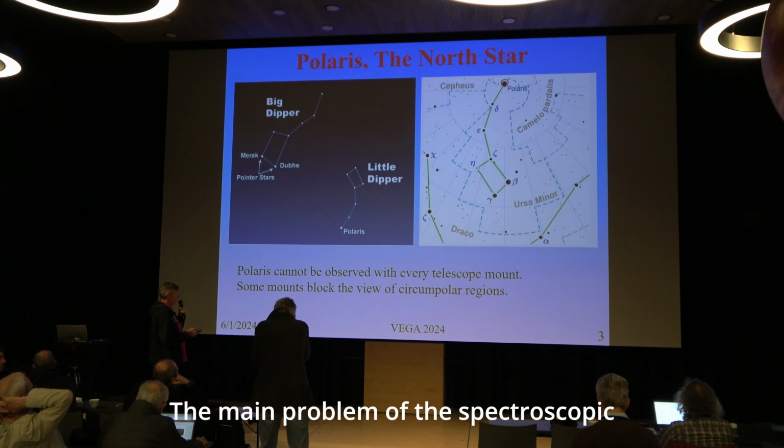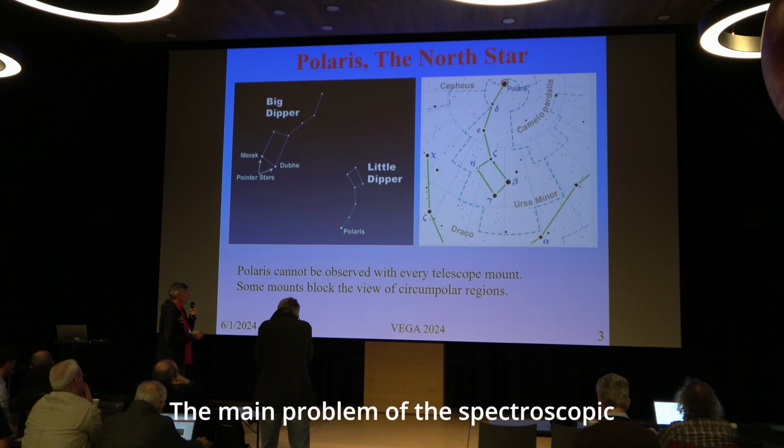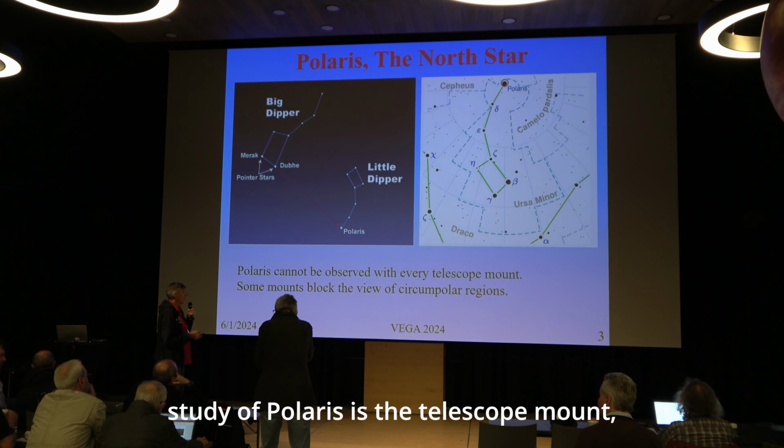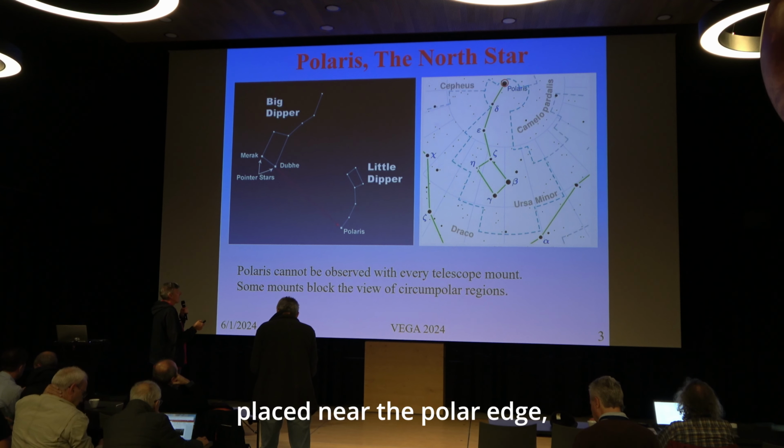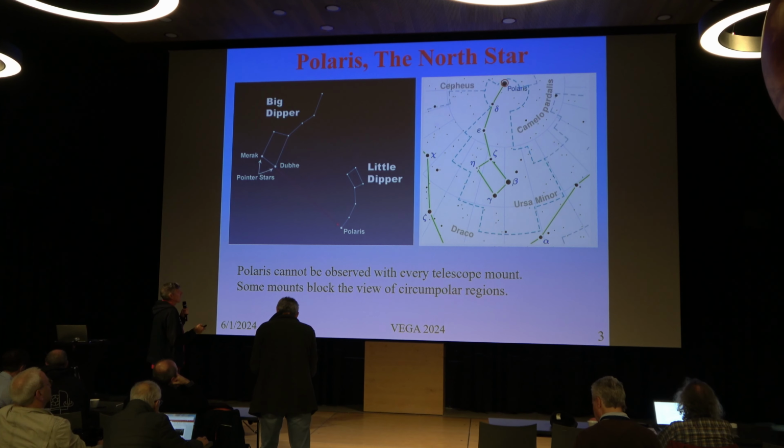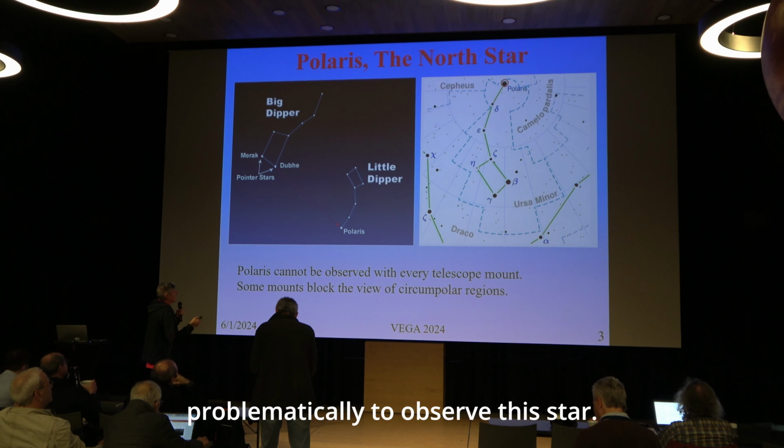The main problem of the spectroscopic study of Polaris is the telescope mount, because Polaris is placed near the polar axis, and it is very problematic to observe this star.